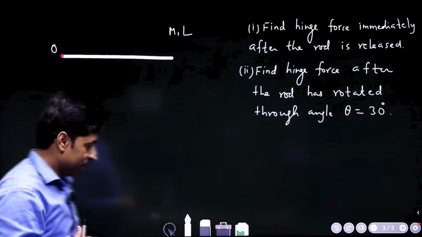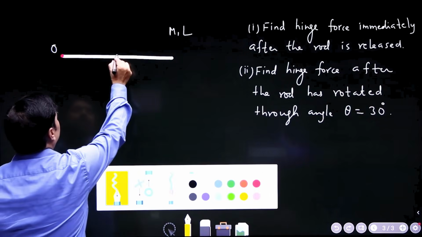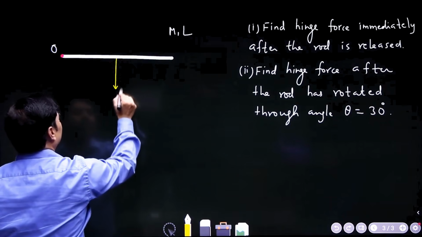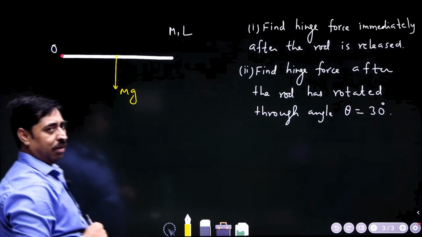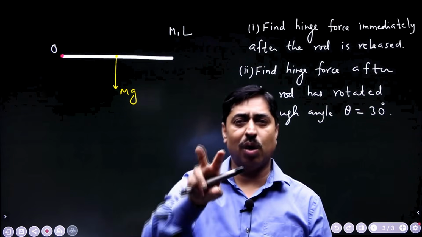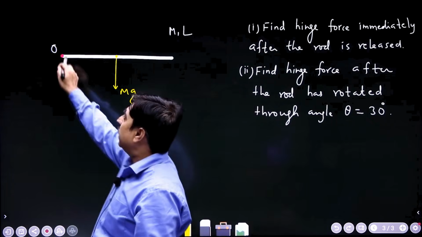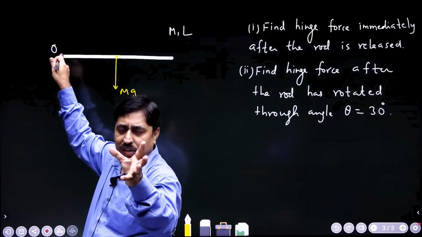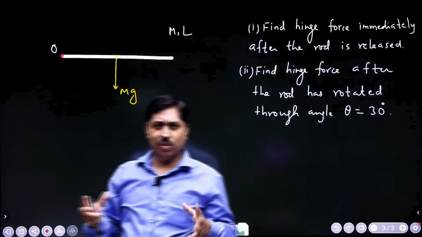So, let us have a look at this situation. Immediately after the release, this mg force, which is considered to be acting at the center of mass of the rod, is going to cause a torque about point O. Please understand that the hinge, the pin, the support, whatever you call it, this hinge is also applying some force on the rod.